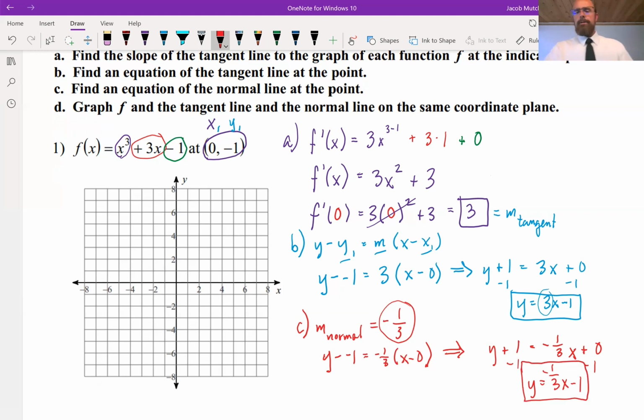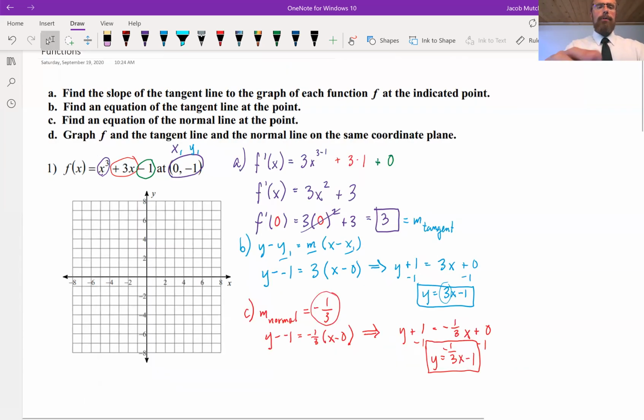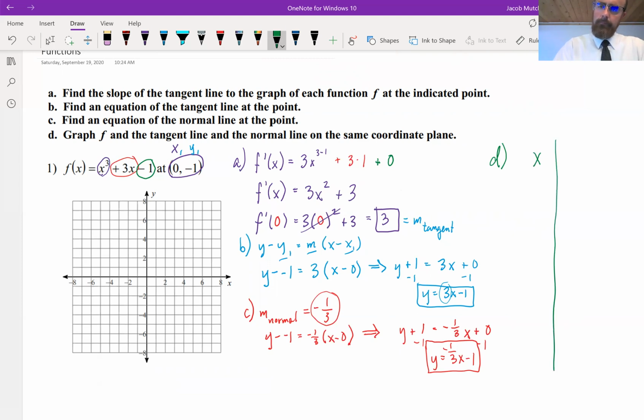The last part here is to graph the function along with those two lines here on the coordinate plane. So let's create a table for this function that we can use to help graph. Again, the function is x cubed plus 3x minus 1. And I'm going to go from -2 to +2 for my domain.